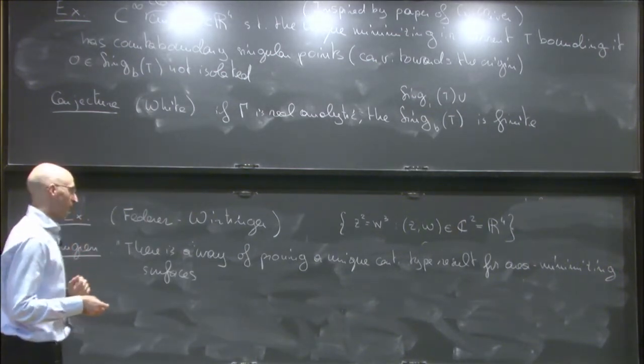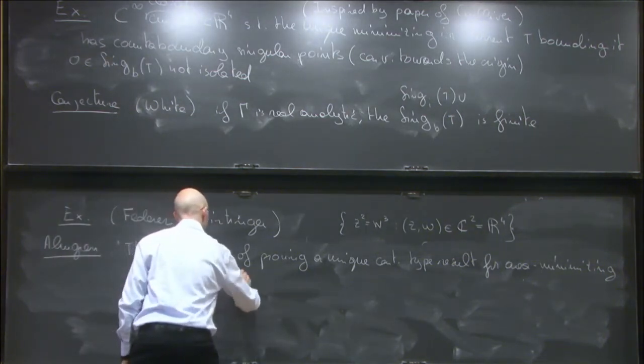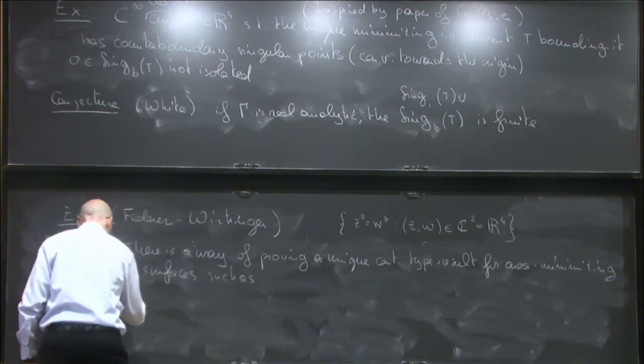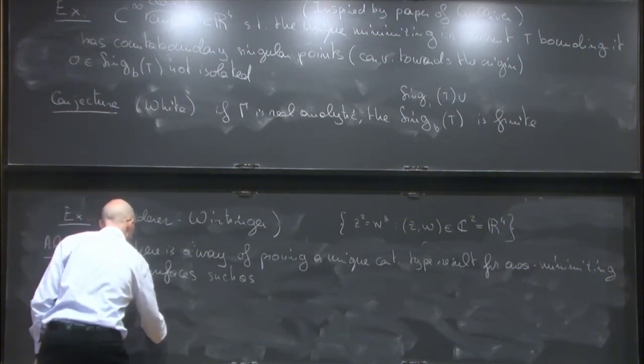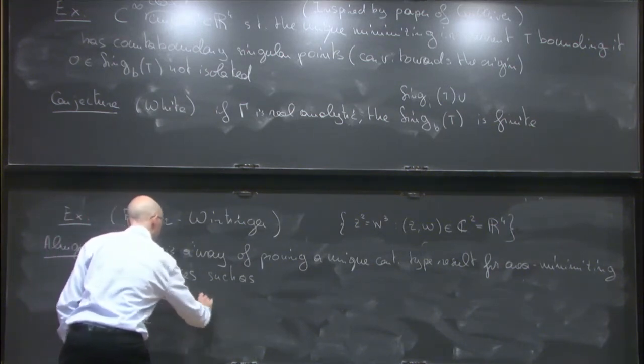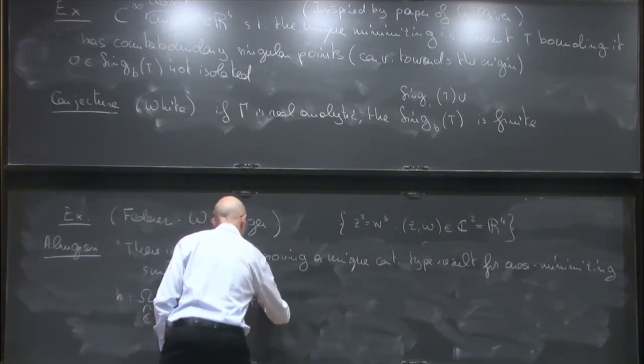The unique continuation type result is, so h, say, from some omega in C into C holomorphic, then zeros are isolated.